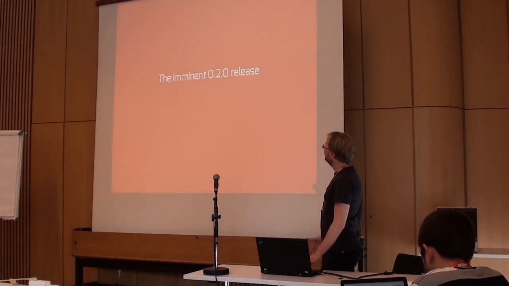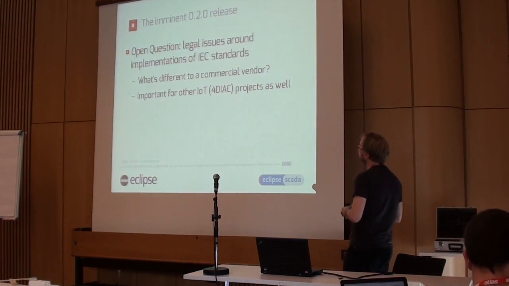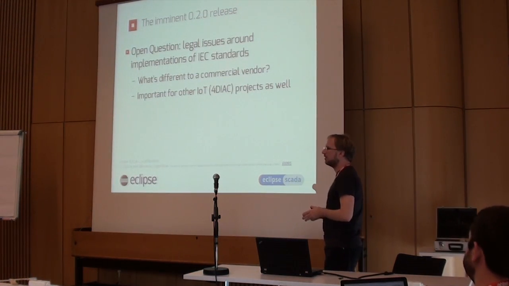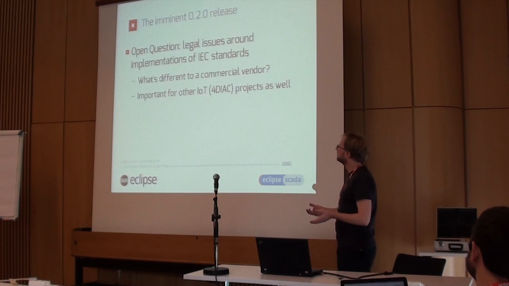So we would like to have the 0.2 release already. The problem is we have some open legal issues, which we've been talking about for about 6 months, I guess. We have an implementation of the IEC 60870 protocol, which is meant for EclipseSCADA.